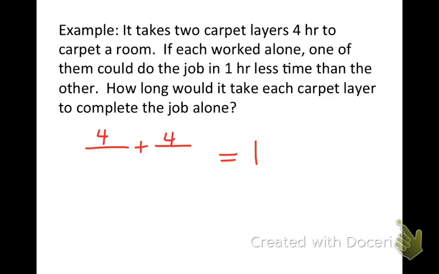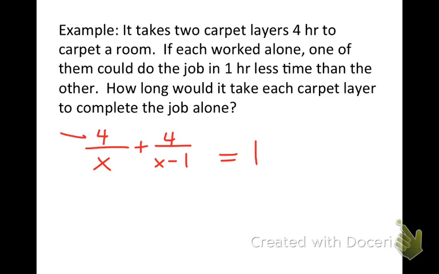So in 4 hours, let's say worker 1 was able to do x amount of time. So he's the slower worker. Worker 2 could do the job in 1 hour less time than the other. So what would that look like over here? Yeah, x minus 1. And that's going to be your equation.